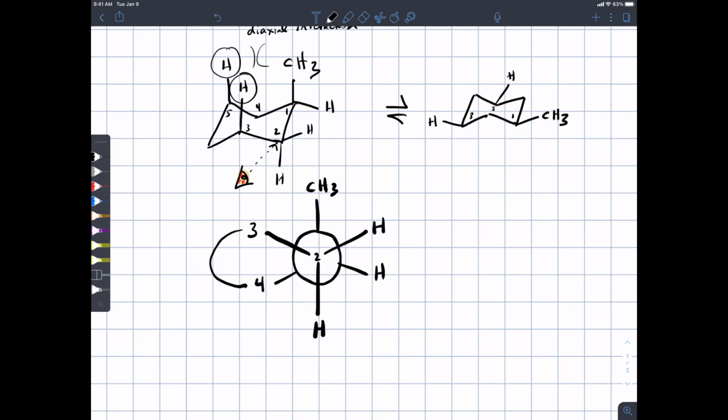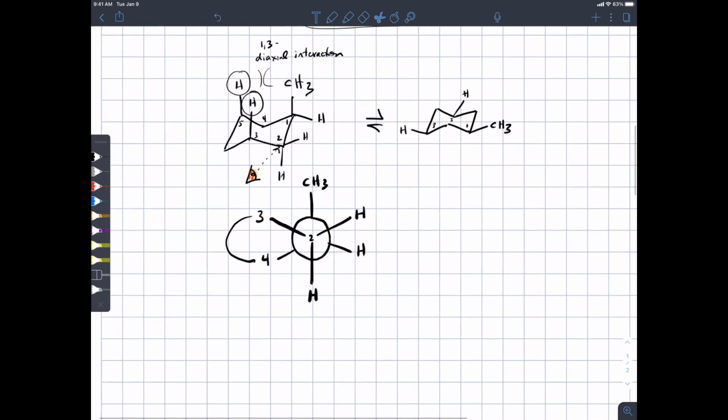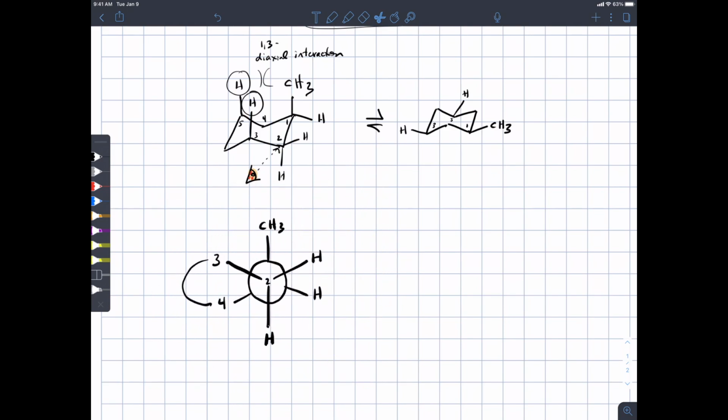What do you notice about the position of the methyl group relative to atom 3 on the front carbon? What is the relationship? Go ahead. They're gauche. They are gauche to each other. Good. The dihedral angle theta here is 60. They are gauche to each other.